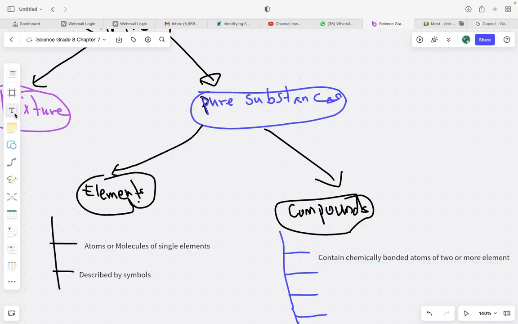Then these ones are described by chemical formula.